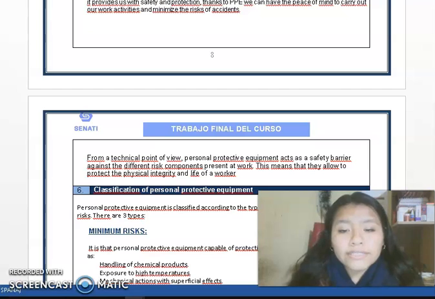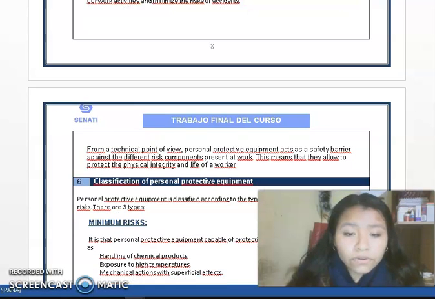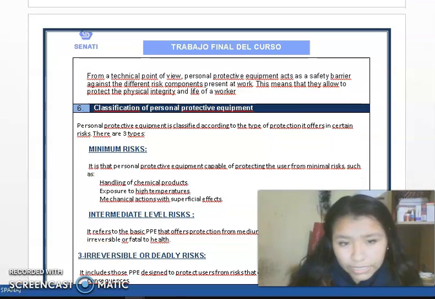And question 6. The classification of personal protective equipment. Personal protective equipment is classified according to the type of protection it offers against certain risks. There are 3 types.